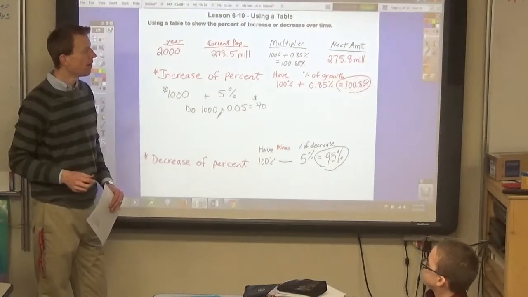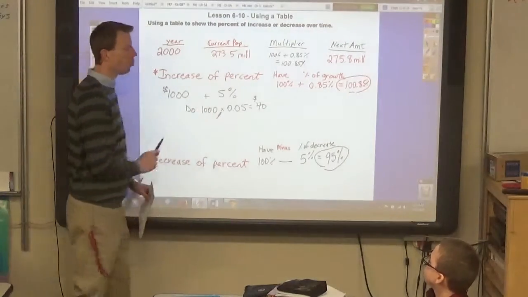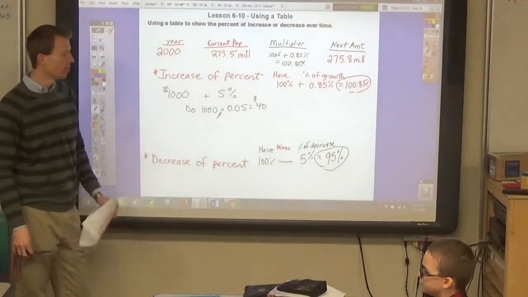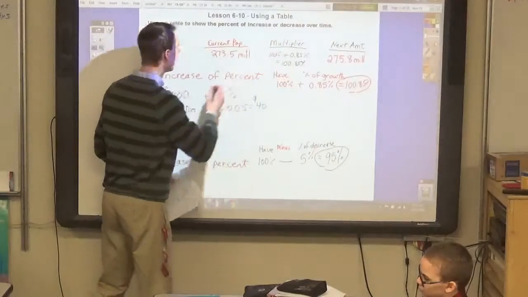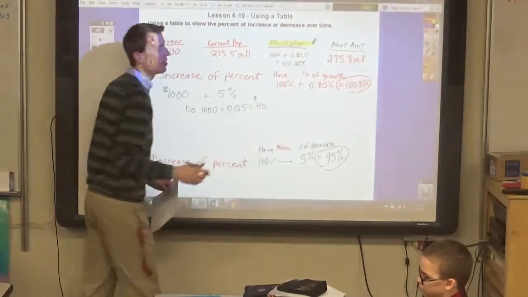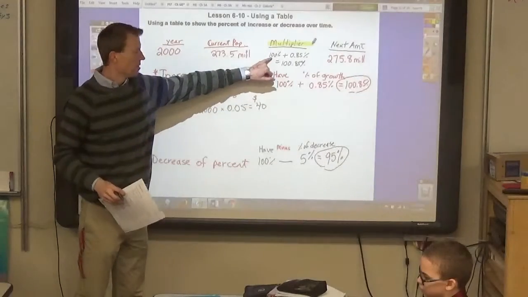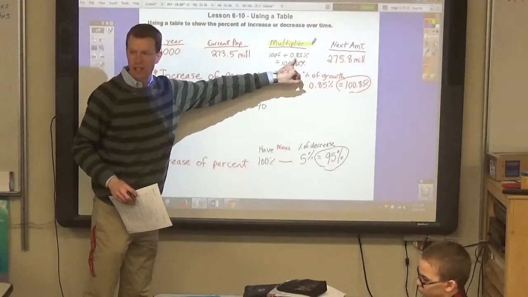Or there's another way that we could do this, and that is to do this all in one step. We could use what's called a multiplier, which is the amount plus whatever percentage is given.